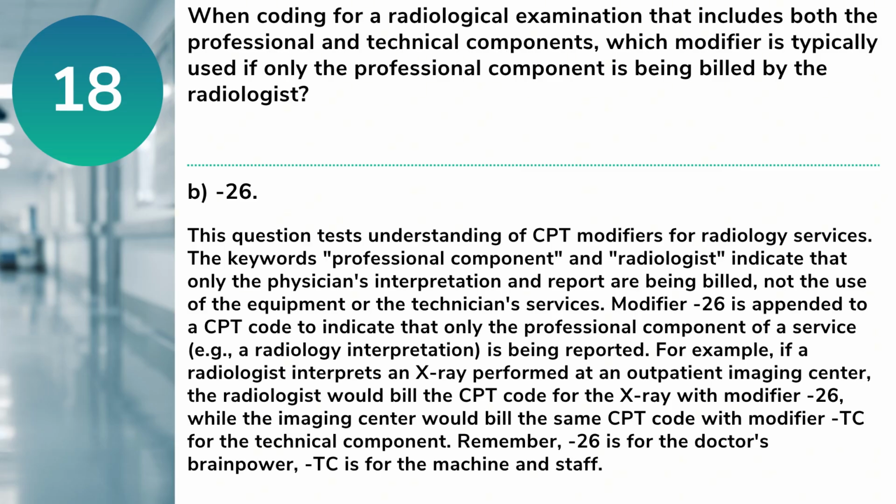For example, if a radiologist interprets an X-ray performed at an outpatient imaging center, the radiologist would bill the CPT code for the X-ray with modifier -26, while the imaging center would bill the same CPT code with modifier TC for the technical component. Remember, -26 is for the doctor's brainpower, TC is for the machine and staff.